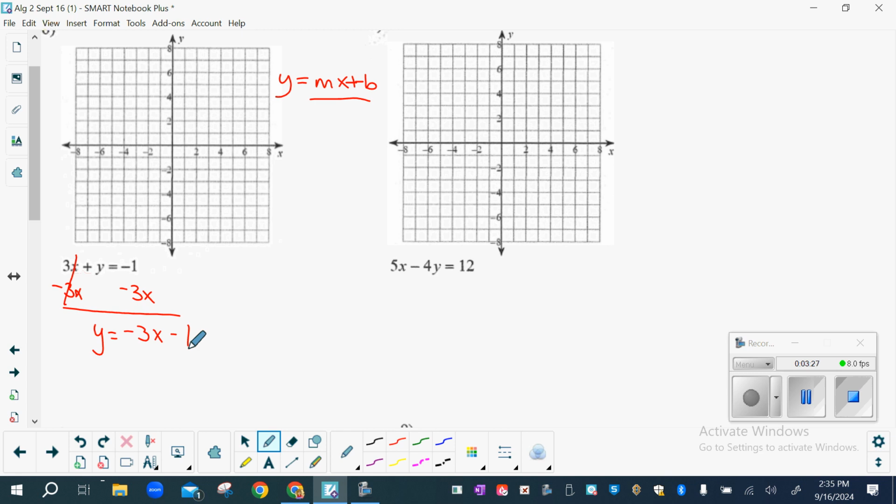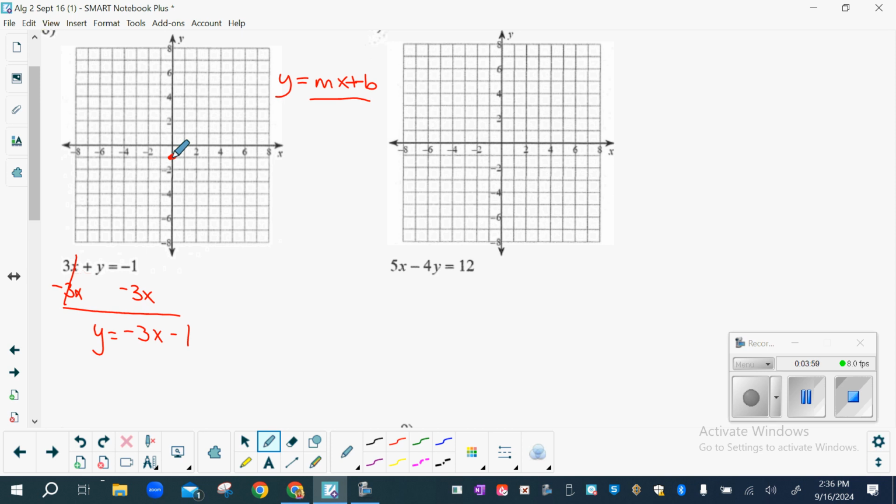So this group here, tell me how to graph this. What do I do, this group here, to graph -3x minus 1? Start with -1 on the y-axis. So Henry answered that. Is there somebody else in that group that can do the rest of it? Go down 3 over 1.